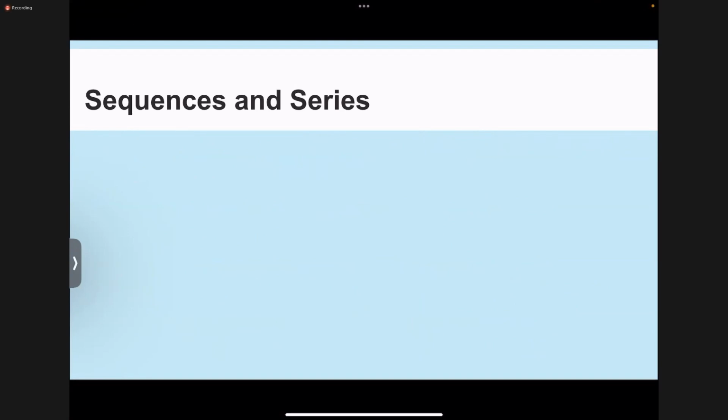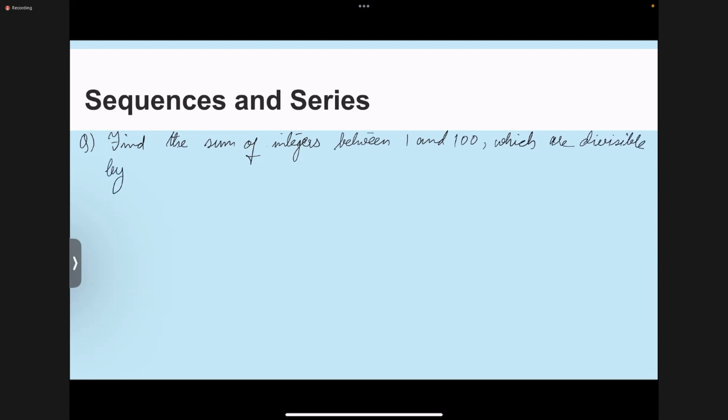Okay, so the next question we have is: find the sum of integers between 1 and 100 which are divisible by 2 or 5.